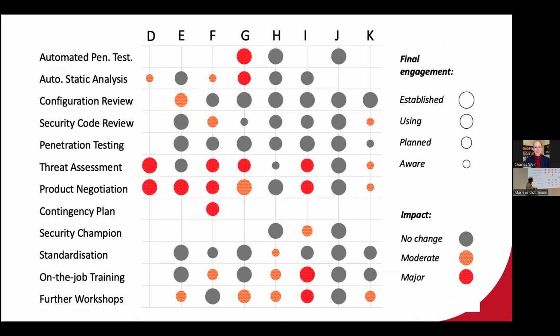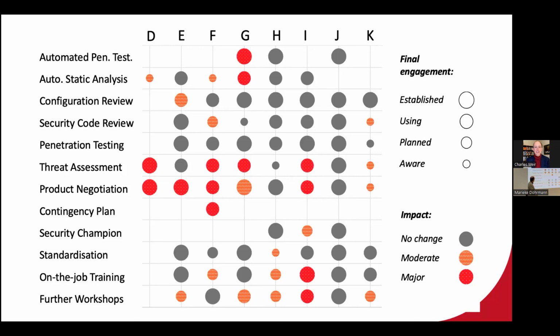So what we found was, the sizes of the balloons are the amount that every team was using it. The colors show how much they improved as a result of the intervention.